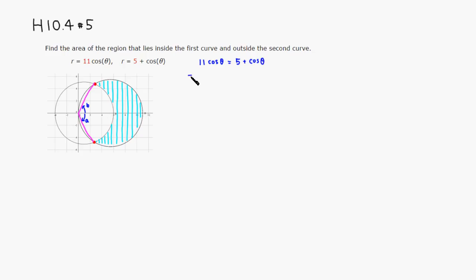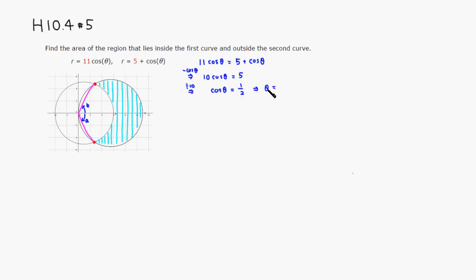Then we can subtract cosine of theta, which gives 10 cosine of theta equals 5. Then we divide through by 10 to get cosine of theta equal to 1/2. This will give us angle theta.